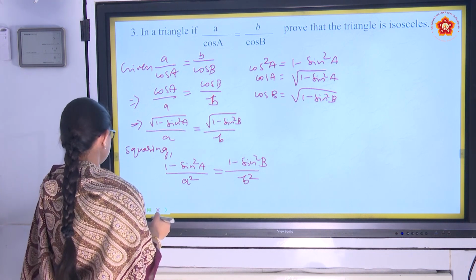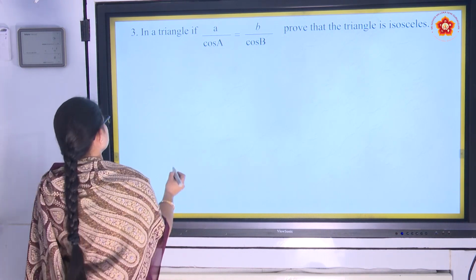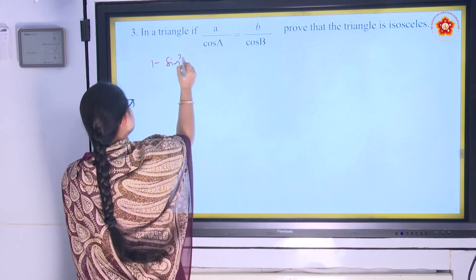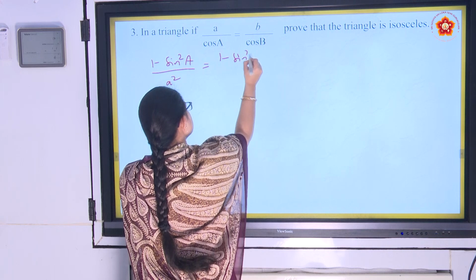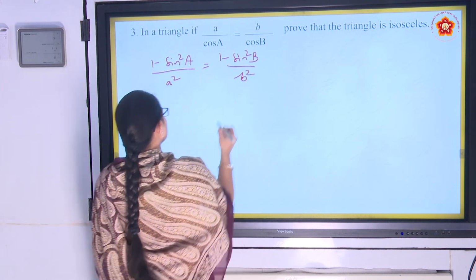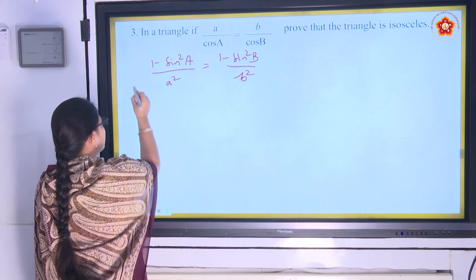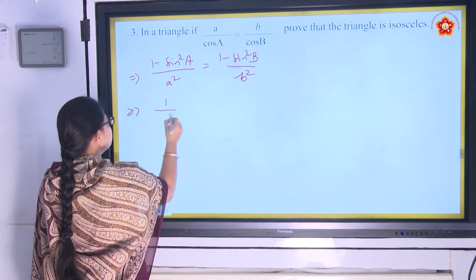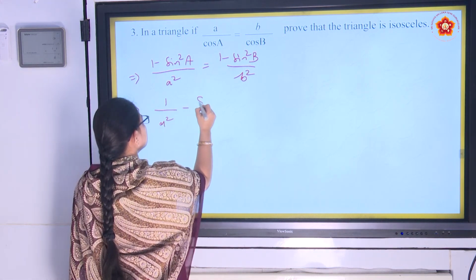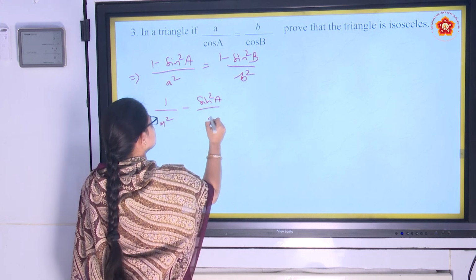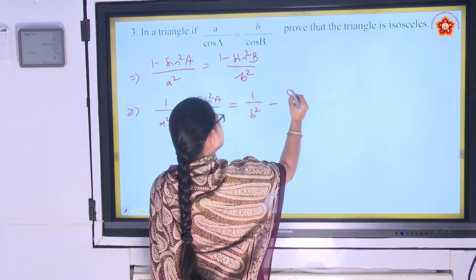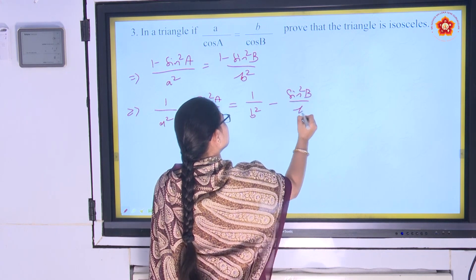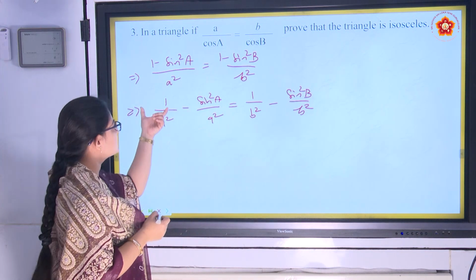So we have 1 minus sin square A divided by a square is equal to 1 minus sin square B by b square. We can rewrite that as 1 by a square minus sin square A by a square, which is equal to 1 by b square minus sin square B by b square. We can write this as it is.